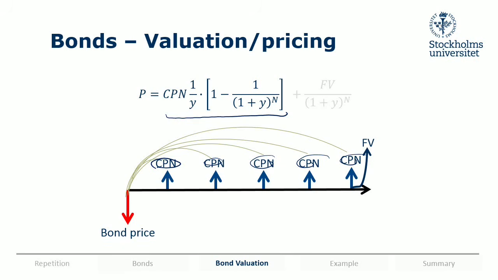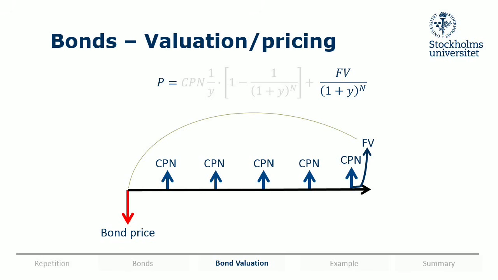So we take the cash flow, in this case CPN or coupon payment, we multiply with 1 divided by the discount rate, in this case yield to maturity, and the factor 1 minus 1 divided by 1 plus the interest rate or yield to maturity, raised to the power of n, which is the amount of coupon payments. In this case it's 1, 2, 3, 4, 5. So n is 5.